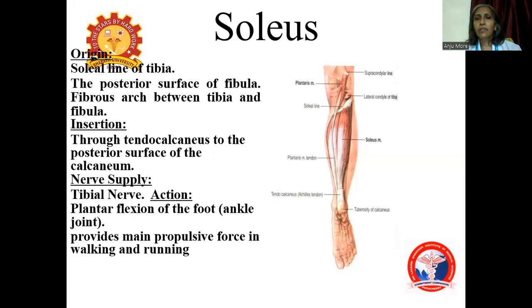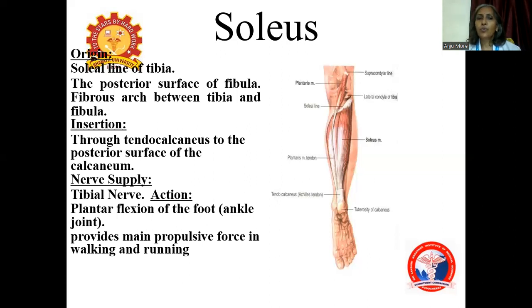So sometimes when we get a short note on soleus, the short note will not ask soleus, but the short note will just say peripheral heart in leg. So you are supposed to write about soleus, and what you are supposed to write? About origin, insertion, nerve supply and action.